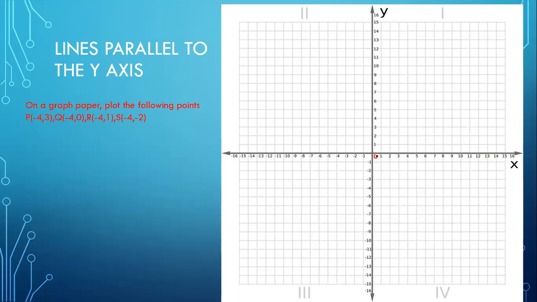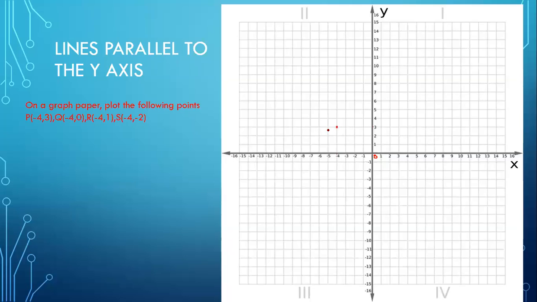Over here, let me mark the origin, that is 0, comma 0. The first point is minus 4, comma 3. So on the x-axis I can see minus 4 here, and on the y-axis I can see 3 over here, right? So if I draw the lines, both the lines will meet over here.